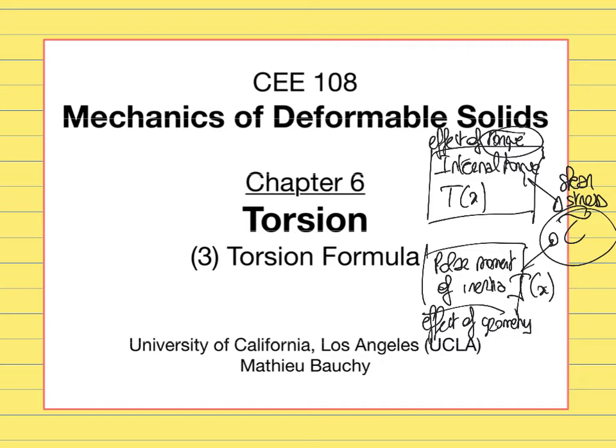The way to convert the internal torque and the polar moment of inertia into a shear stress is given by the torsion formula, which is a very important formula for this torsion chapter. So now we are going to derive this torsion formula, which gives us the shear stress of a beam subjected to some torsion.